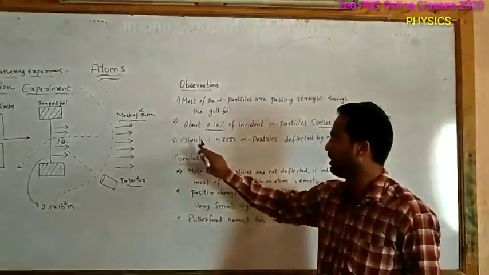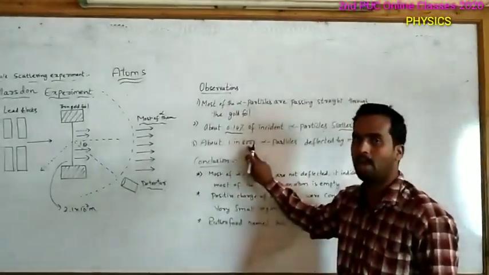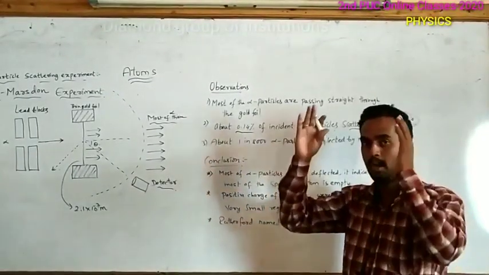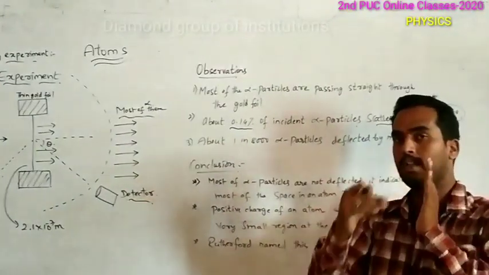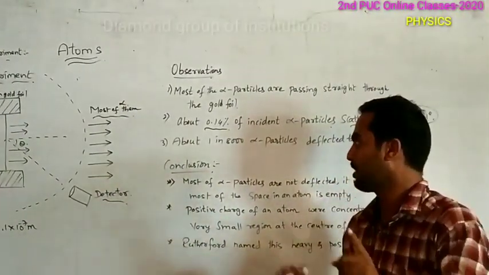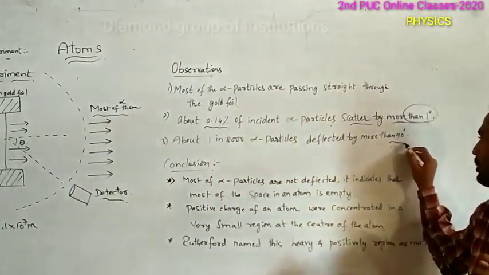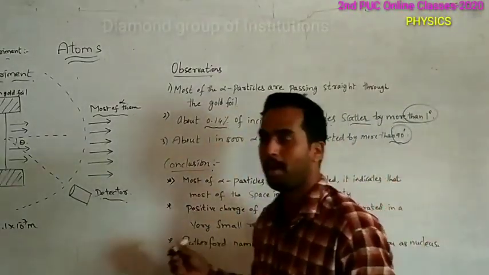And the third observation is that about 1 in 8,000 alpha particles, that means if 8,000 alpha particles are passed through the gold foil, then only one particle out of those 8,000 is deflected by more than how much? 90 degrees. So these are the observations made in the Geiger-Marsden experiment.